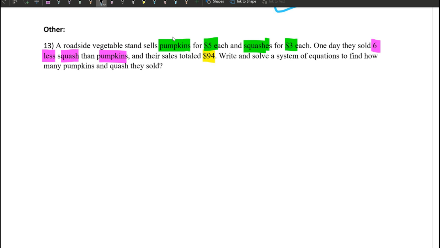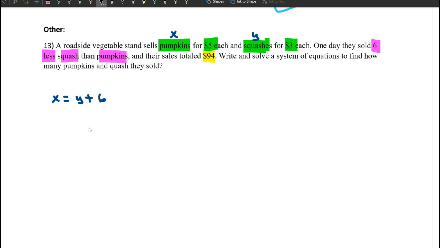So we need to pick what is X and what is Y. Let's say pumpkin is X and squash is Y. Okay, so 6 less squash than pumpkin. So who has more? Pumpkin, which is X, has more, right? So X equals squash plus 6.